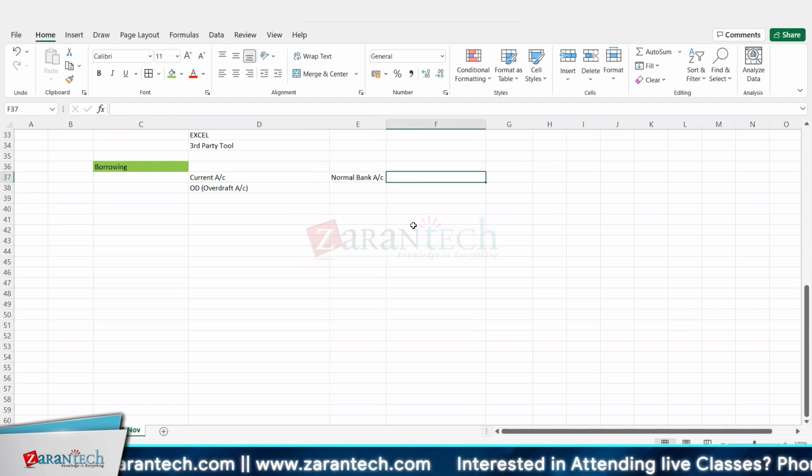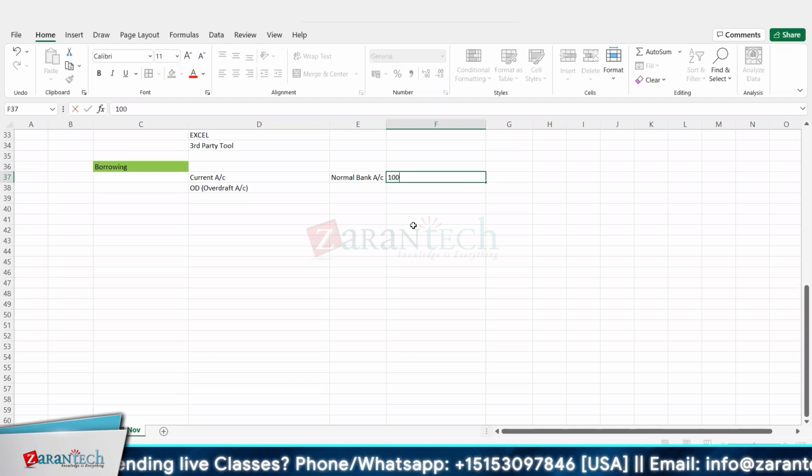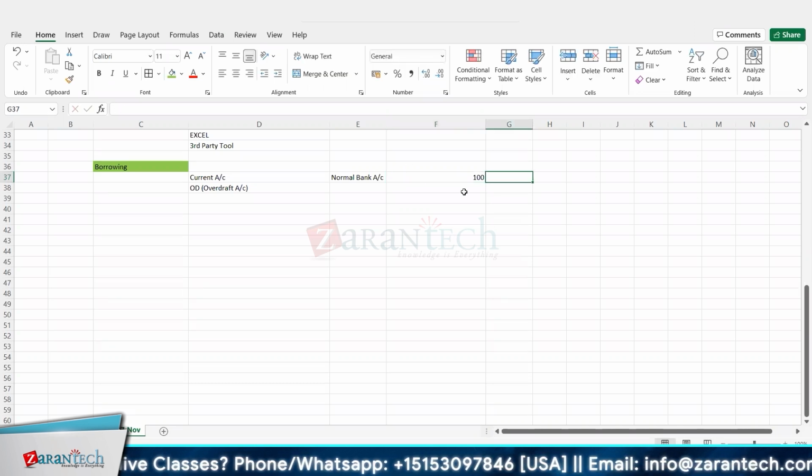Suppose, as a corporate, you won't be able to manage your bank balance with complete visibility of your receipts and payments. Take a real-time example. At a given point of time, suppose I have 100 USD in my current account.